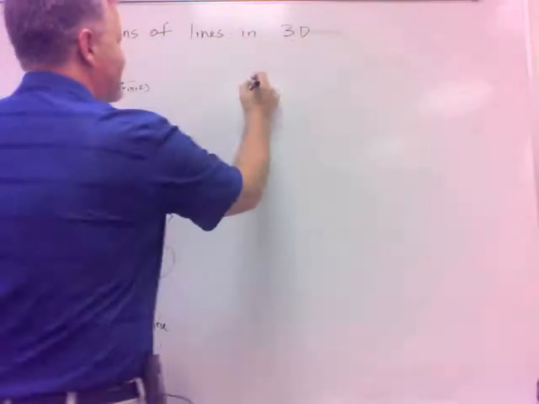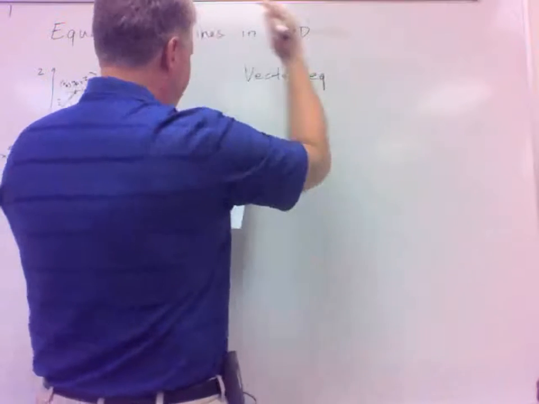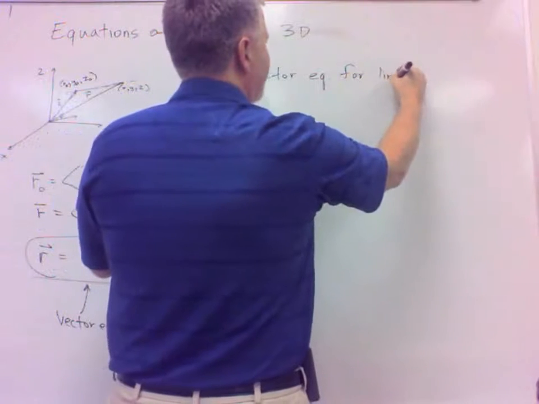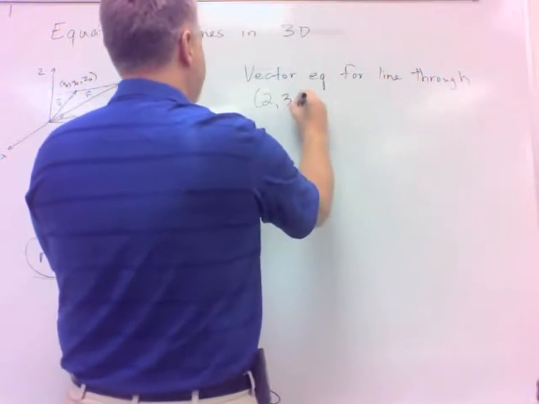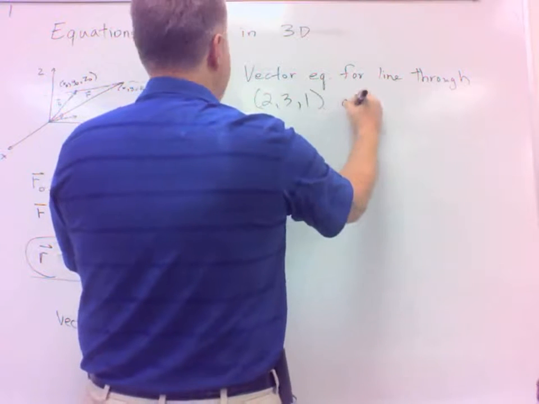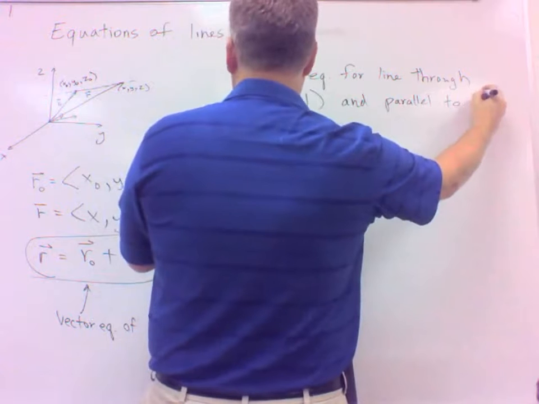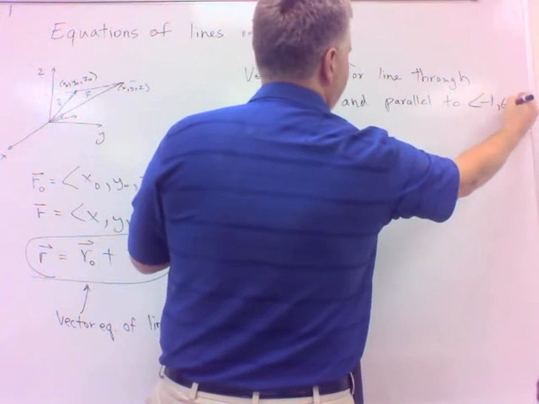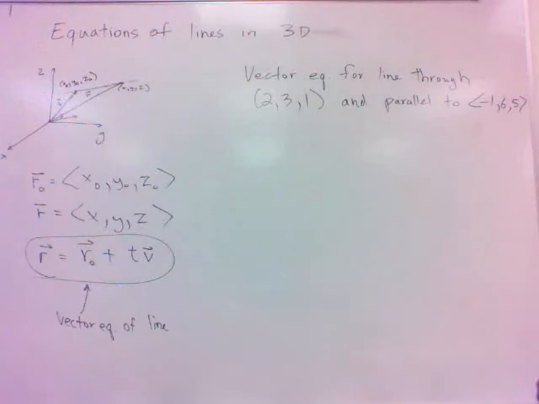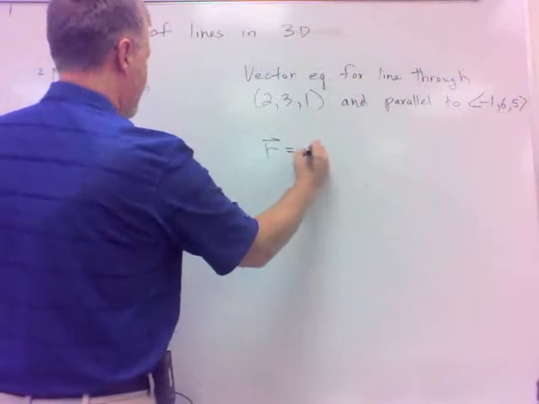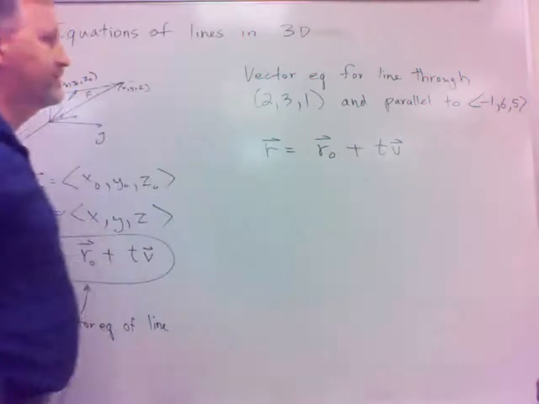So let's see what the vector equation is for that same line. The line through, I believe I did 2, 3, 1, and parallel to the vector -1, 6, 5. Okay, so the vector equation for that would be this R vector equation, R0 plus t times v vector.